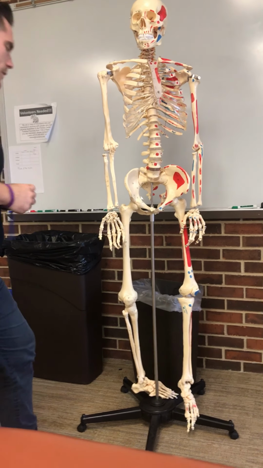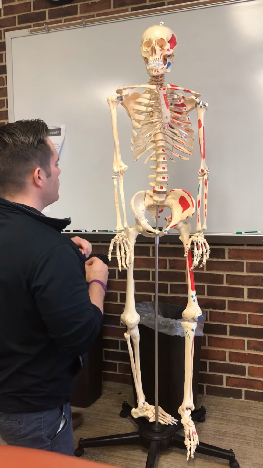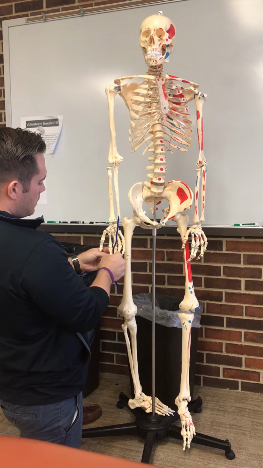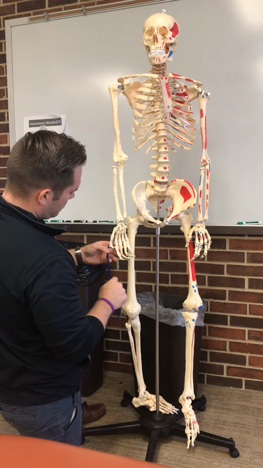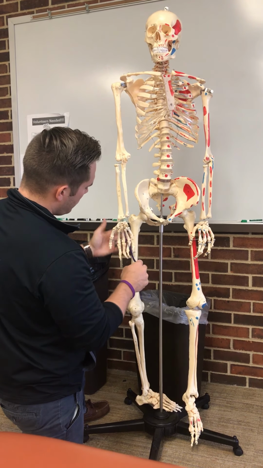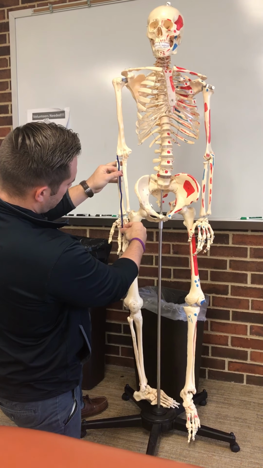Flexor digitorum superficialis. This is the long one. The insertion is the sides of the middle phalanges of the 2nd through 5th digits, so basically each side of the phalanges is where they insert, and also the palmar surface of the middle phalanges.